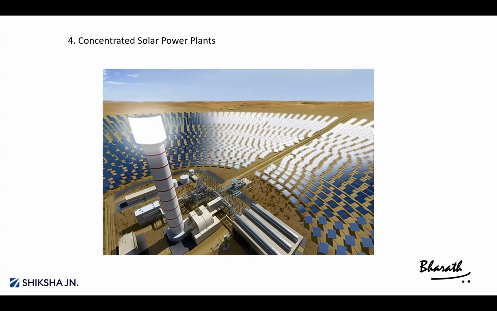So we can convert all existing coal-based thermal power plants to concentrated solar power plants. Or we can work out a hybrid model. Daytime we can generate power through these solar reflectors, and nighttime through coal.